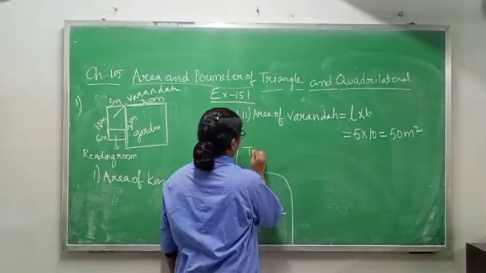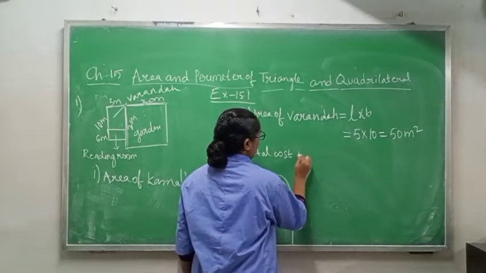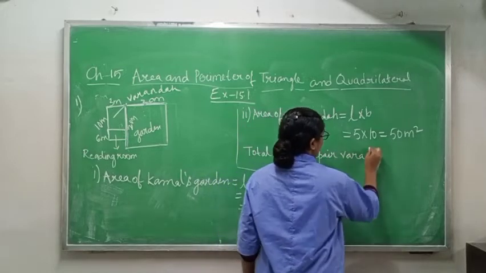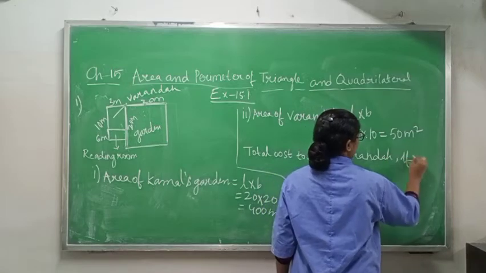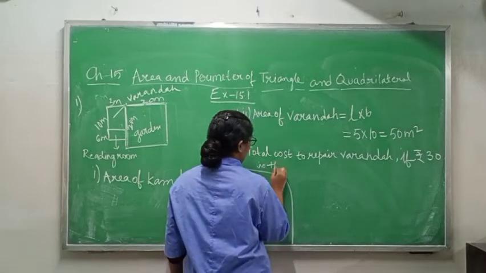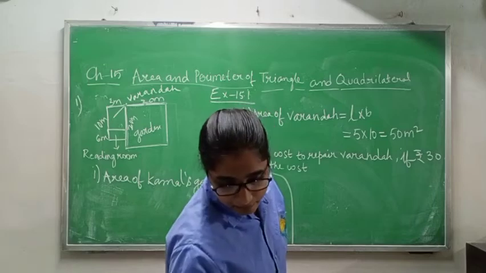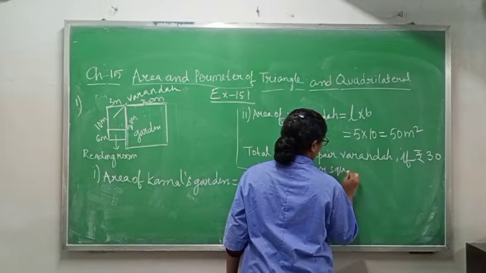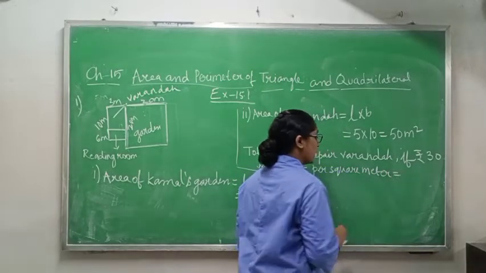So total cost to repair veranda if rupees 30 is the cost per square meter. Now how will you find the total cost?